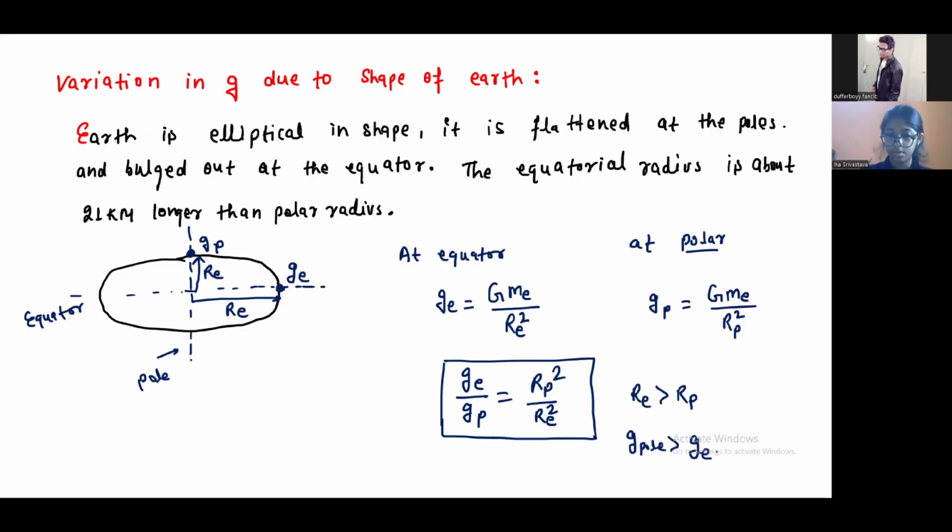When we solve that, we will get g at the pole is equal to g at the equator plus 0.018.